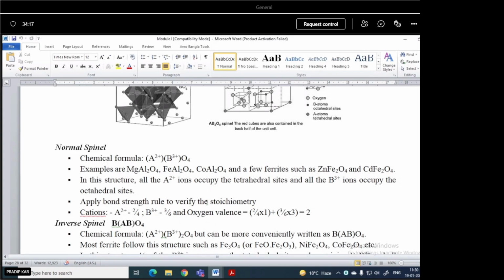In case of normal spinel, it has the same formula, A2 plus B3 plus O4. Examples of normal spinel are MgAl2O4, FeAl2O4, CoAl2O4, ZnFe2O4, and cadmium Fe2O4.